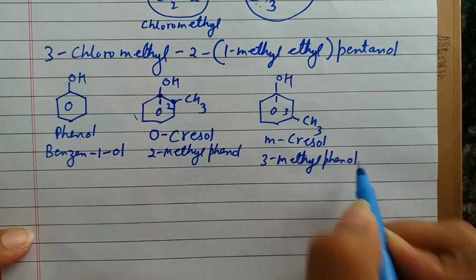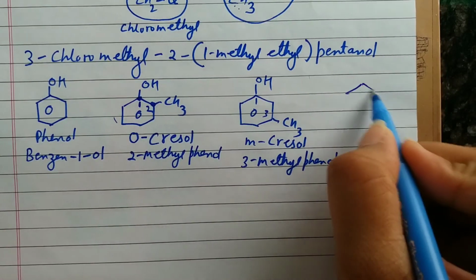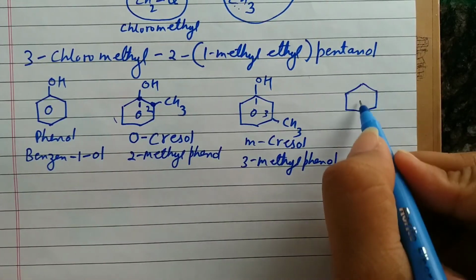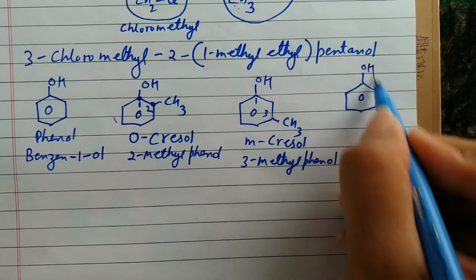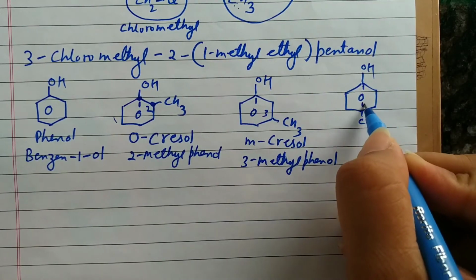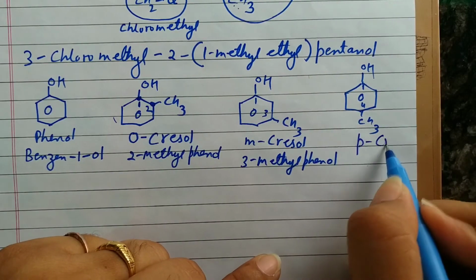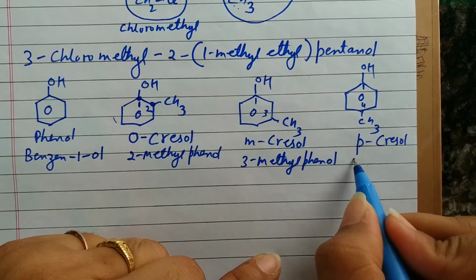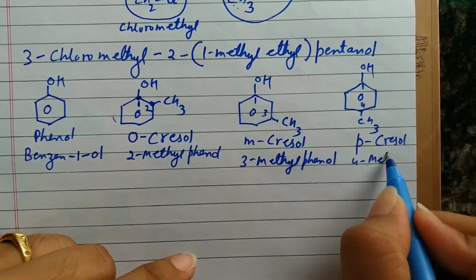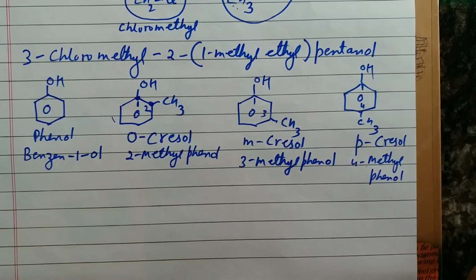And in exactly the same manner, we can have a third isomer of the same compound when I shift the position of methyl to this, which is 1, 4 positioning. And this is called paracresol, and the IUPAC name being 4-methyl phenol. So this is how these compounds are named in the common system and in the IUPAC system.